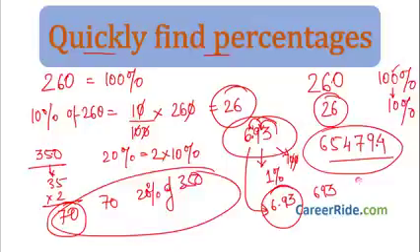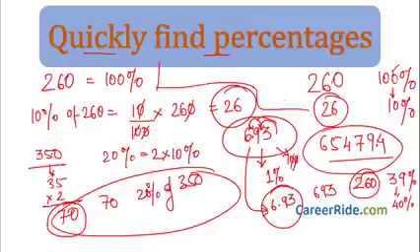Say we have, as usual, 260 and we want 39% of this. Now what to do? Very easy, no need to panic. 39 is nearer to 40, right? So first find 40%. Why? Let's see why. Let's calculate here somewhere at the top so we'll have space.